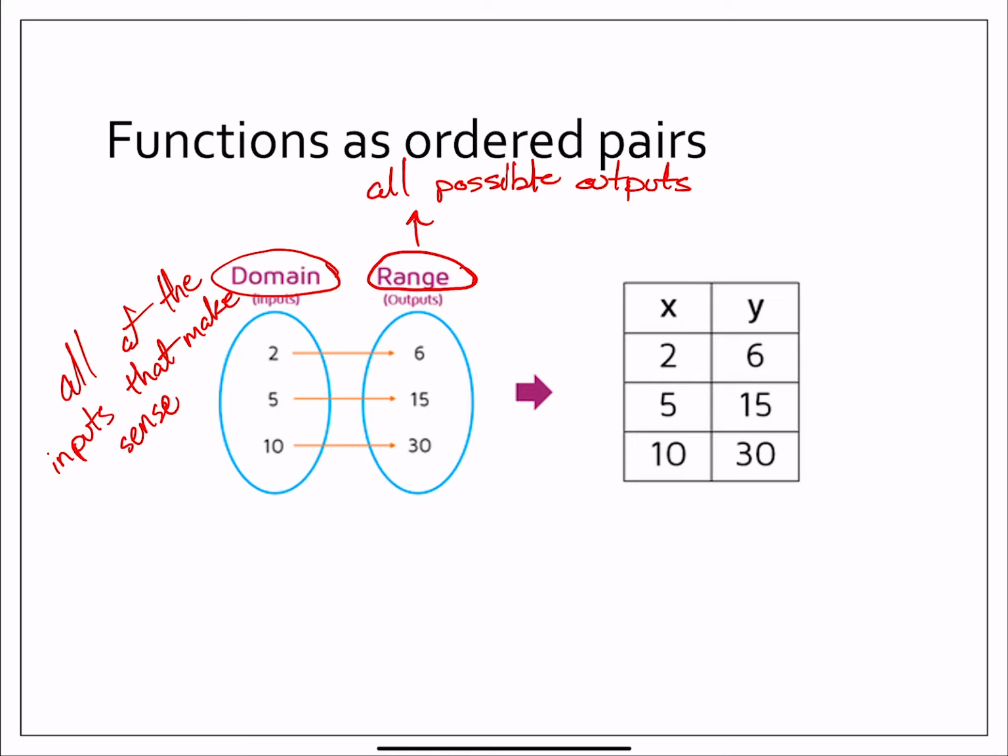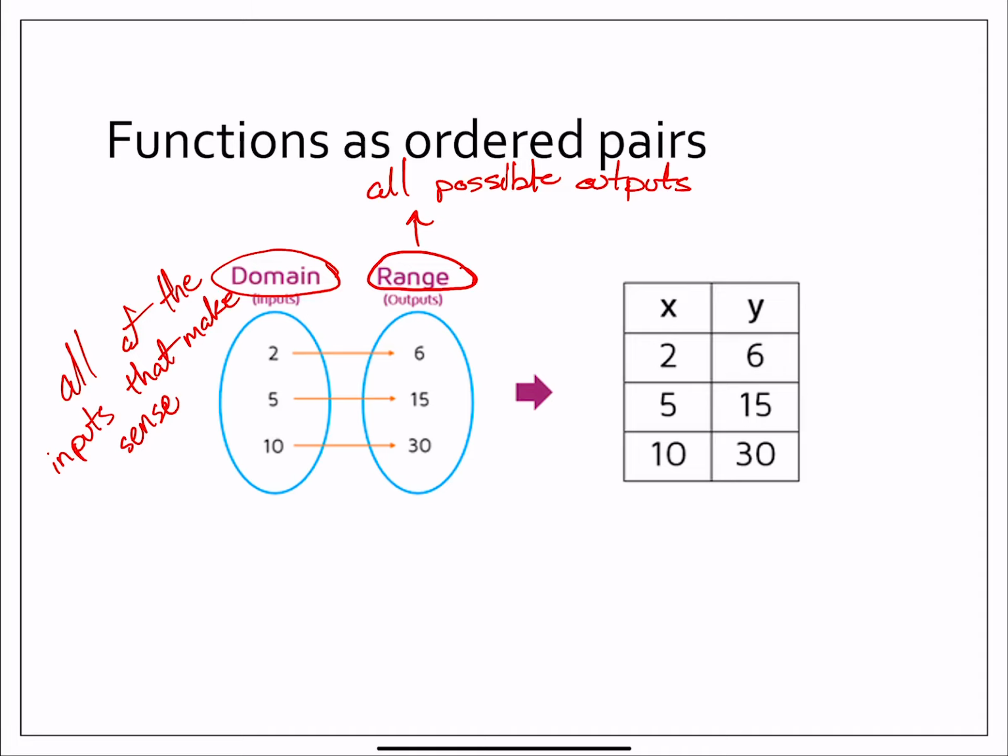Because when we say we know we can put this in, we know we can put this in, we know we can put this in, we can also say that we can only get these couple of things out, right? So that's what the range is. The range is the set of all possible outputs, while the domain is the set of all inputs that make sense, right? And it's an inclusive set. It includes all of the possible inputs or all of the possible outputs.